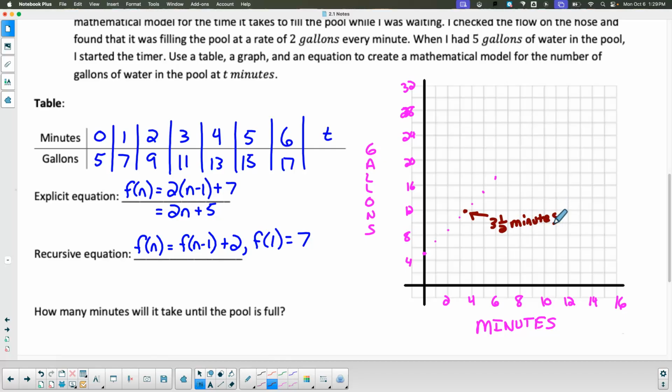At 3.5 minutes, is there 12 gallons of water in the pool? Yes. The hose is not waiting for each minute to spew out 2 gallons, and then a minute later spew out 2 more gallons. It's constantly flowing, right? So can I connect these dots? Yes, these dots I can connect.